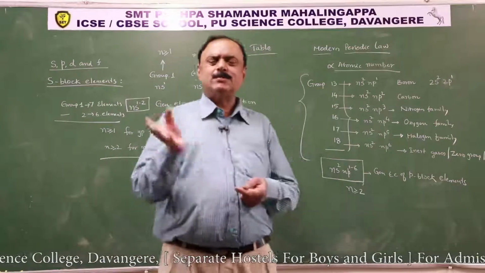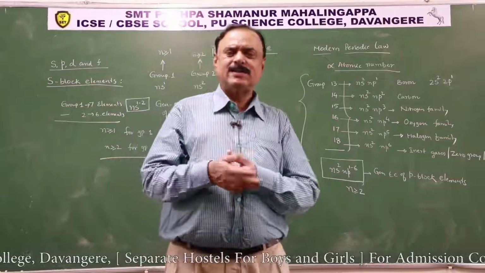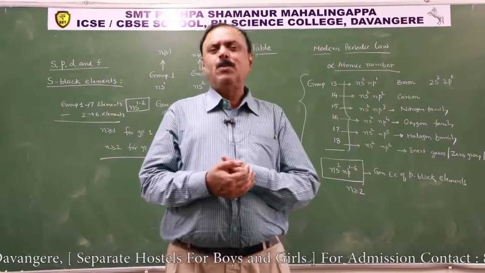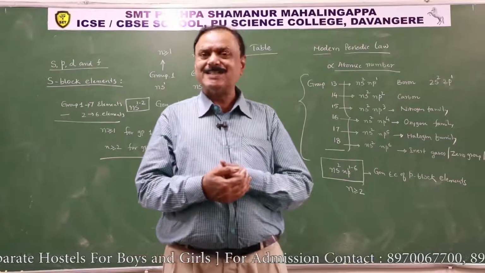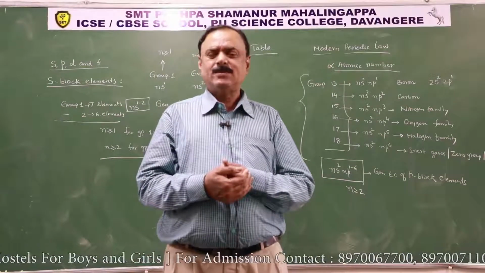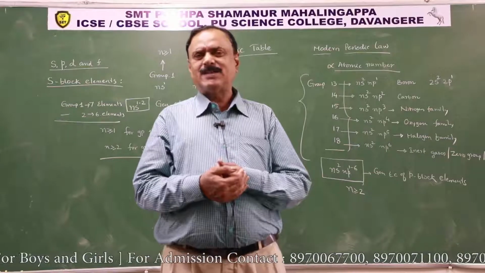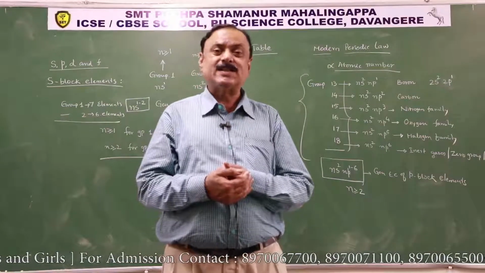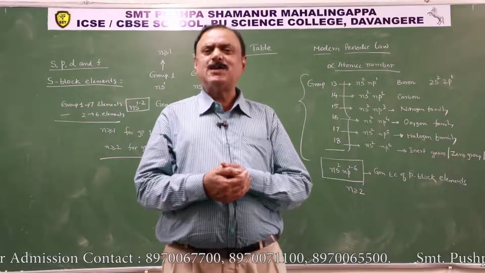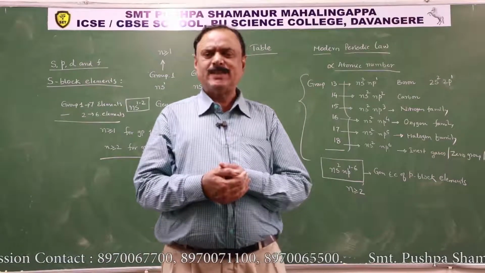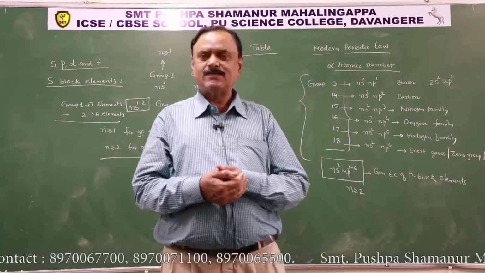They include metals, non-metals, and metalloids. Most of the elements in the P block are considered as non-metals, but some of the elements exhibit metallic character. For example, aluminum belongs to the P block, but it exhibits metallic character.